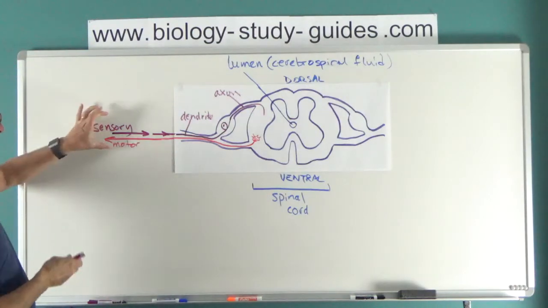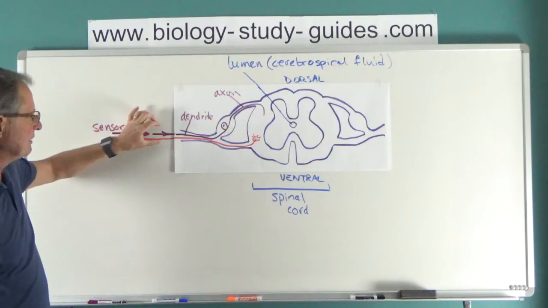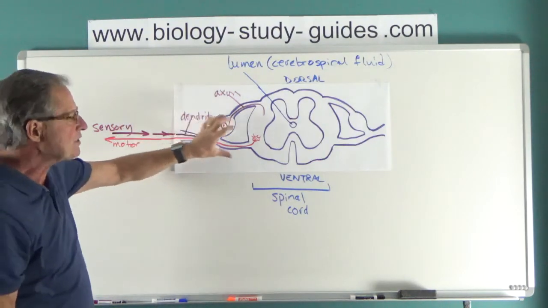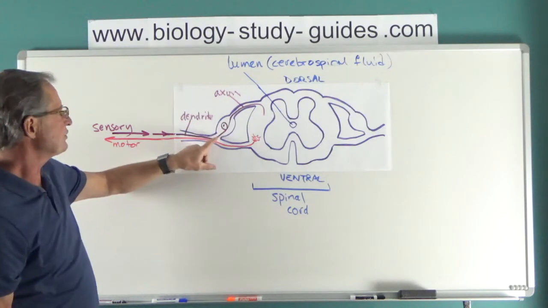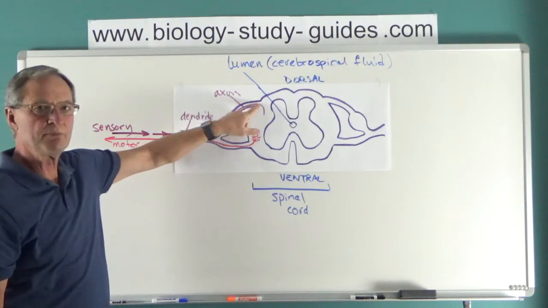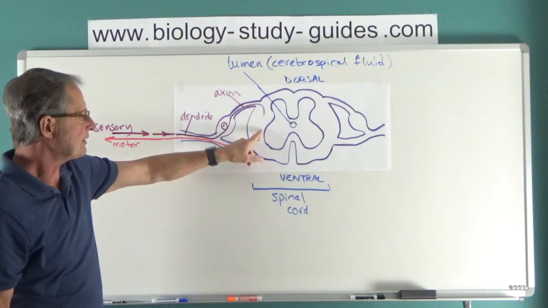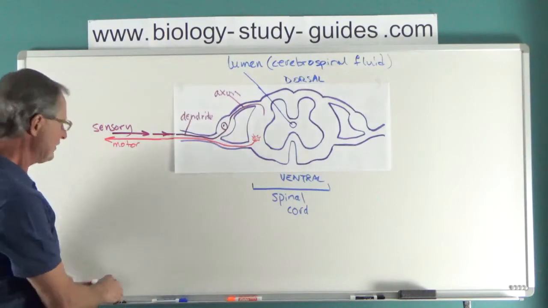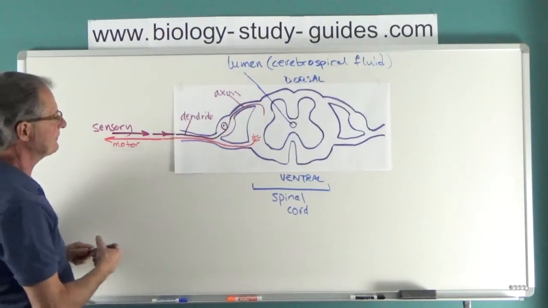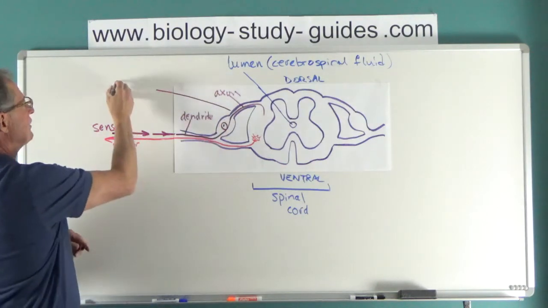So the mixed nerve with sensory and motor components enters the region of the central nervous system. The sensory neurons go towards a dorsal branch. Motor neurons start in the central nervous system and come out a ventral branch. This branch up here is called the dorsal root.